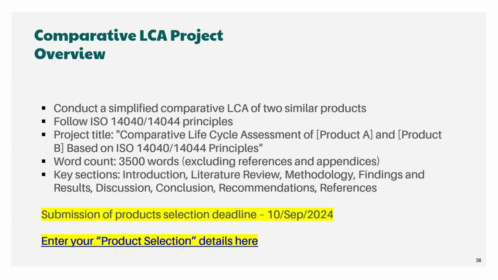To give you an idea, we have already provided follow-through steps for this assignment, and you have to follow ISO 14040 and 44 principles to conduct your study. The objective of the assignment is to enable you to understand the basics of LCA and help you to source information from the internet and literature and compare two different products.